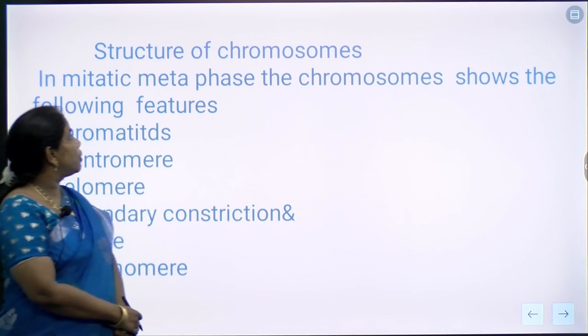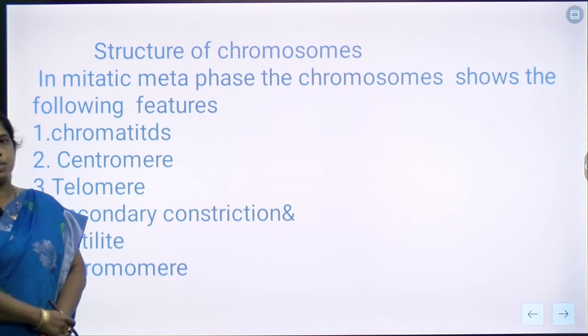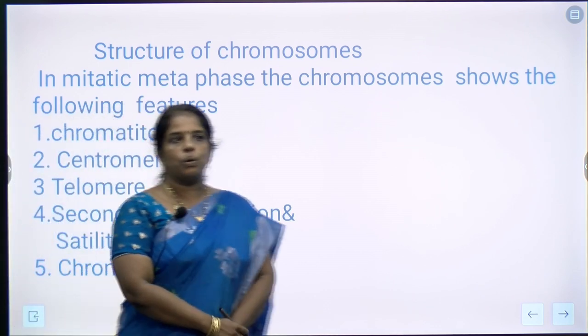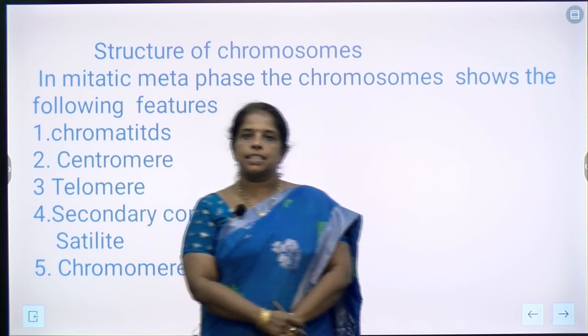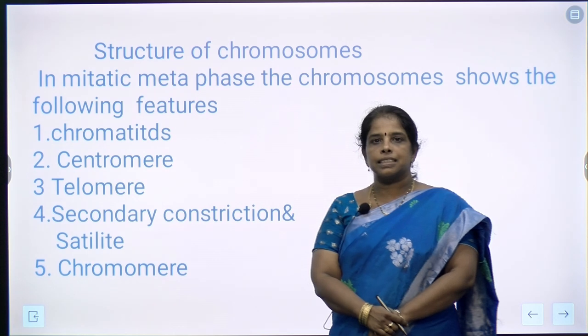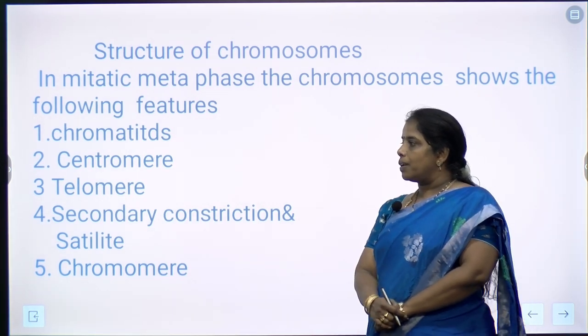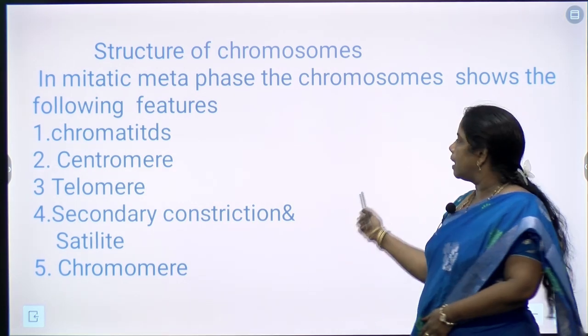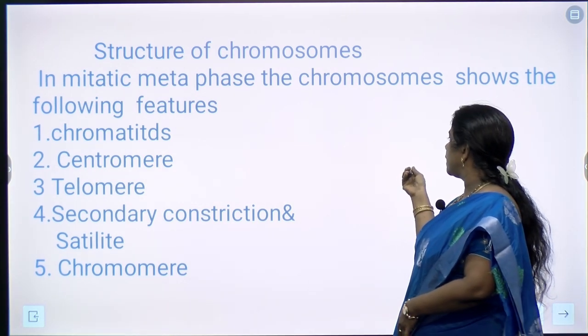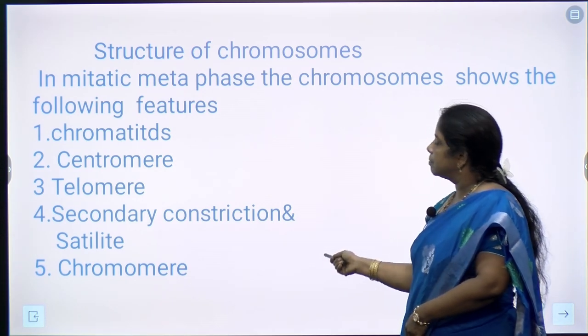In the mitotic metaphase, the chromosome shows the following structures: chromatids, centromere, telomeres, secondary constriction and chromomeres. Commonly these five structures are observed in the mitotic metaphase chromosome.